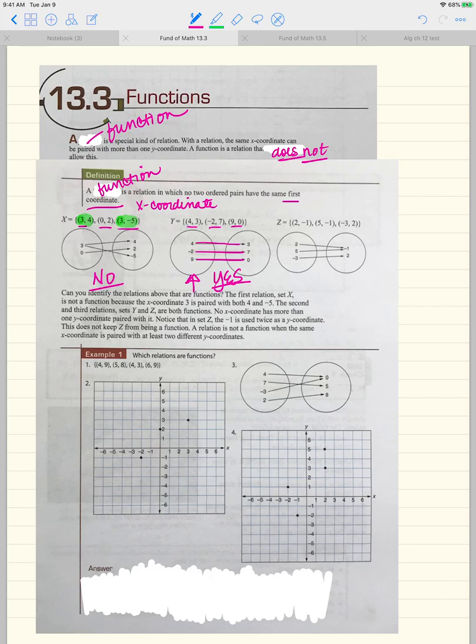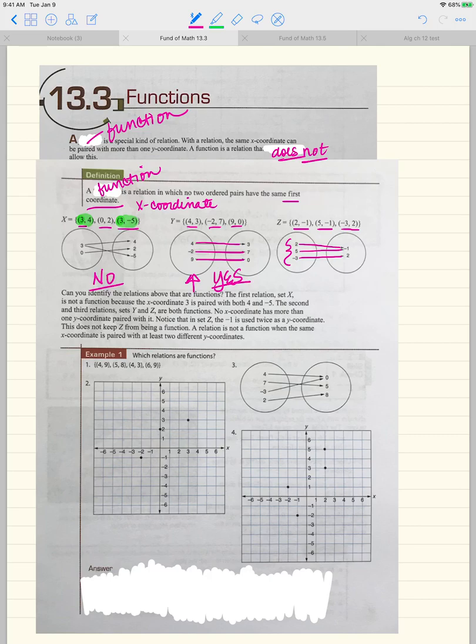How about relation z? We have ordered pairs (2, -1), (5, -1), and (-3, 2). You'll see the circle mapping, 2 to -1, 5 to -1, and -3 to 2. Is relation z a function? Yes, it is. And some of you probably said no, it's not. Why is it a function? It's a function because none of the x values are repeated.